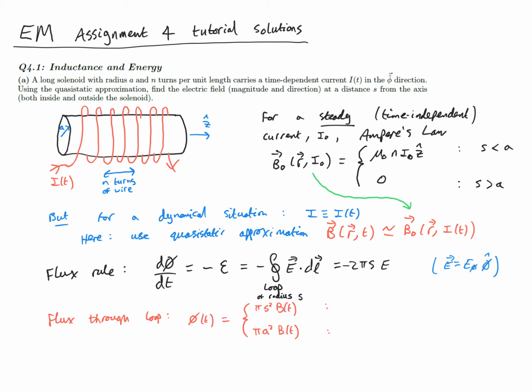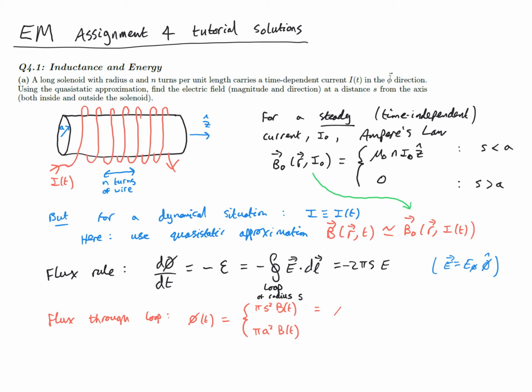So the s squared result pertains when s is smaller than the radius of the solenoid, s less than a, whereas the a squared result pertains when the radius of the loop is greater than the radius of the solenoid. And we can now just substitute in our results for B of t, which I can do pretty straightforwardly.